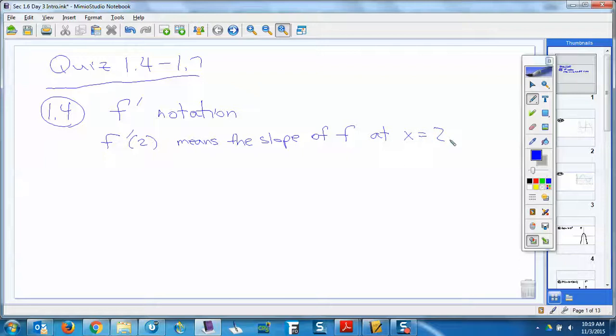And we did some things in that section, like here's a graph, and we have to estimate the slope. So you can expect a scenario where you have to find the slope, maybe by just sketching in a tangent line and being able to draw kind of a rise over run and be able to estimate a slope that way. Okay, be able to do that.